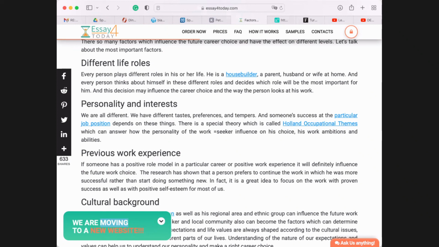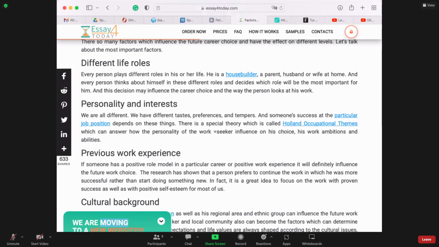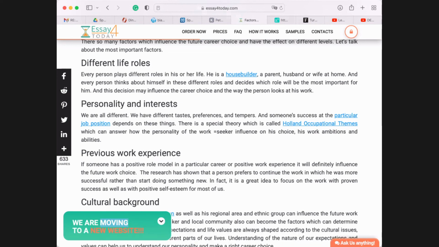It was not the only criteria, but yeah, personality and interests was the main one. Okay. Thank you. And not the financial aspect?